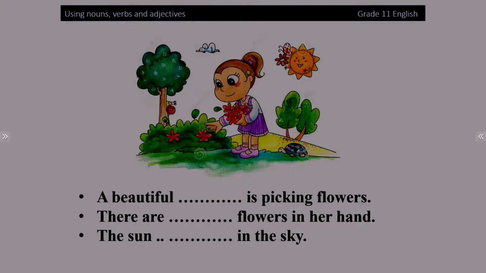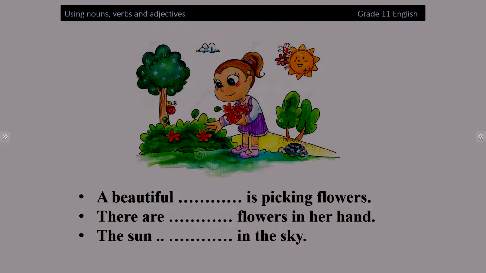You know, children, when you talk about something, if you really want to give a clear picture, using an adjective will always help you to tell exactly what you are talking about. All right? Okay. Then the next slide. Here now, this is a different activity. I have given 3 blanks in 3 sentences, but the picture is the same picture and there are blanks that you have to fill.